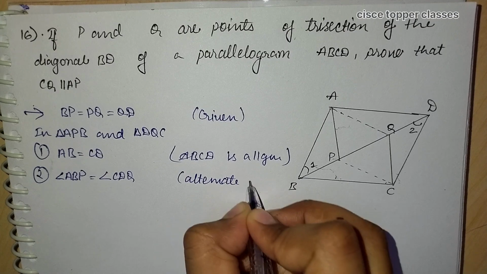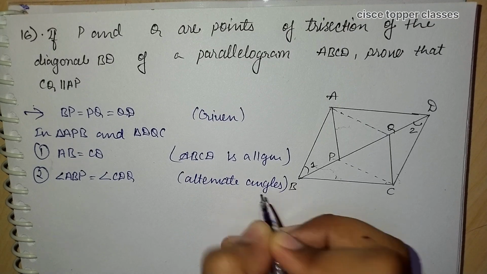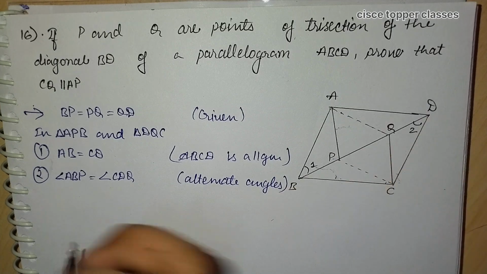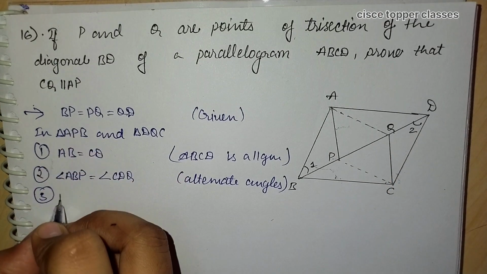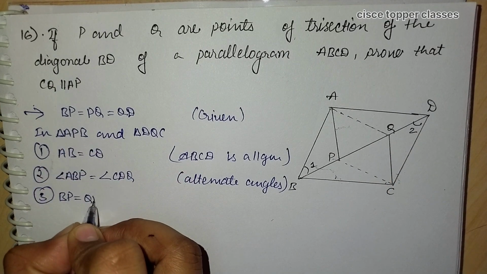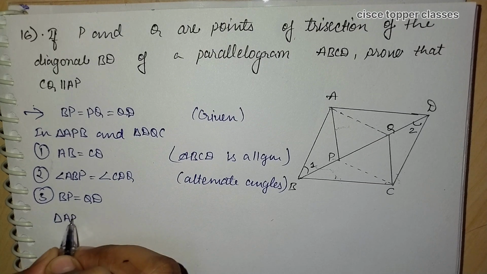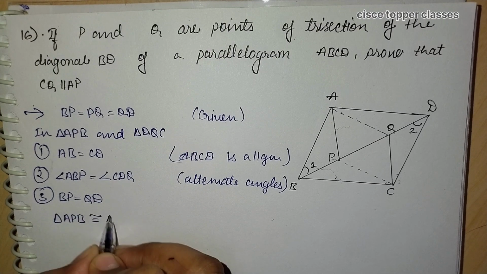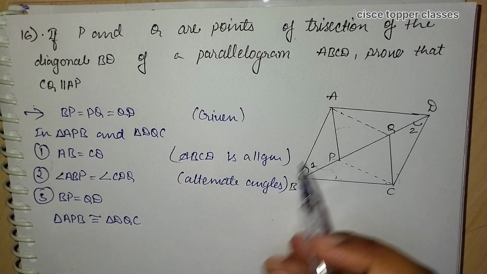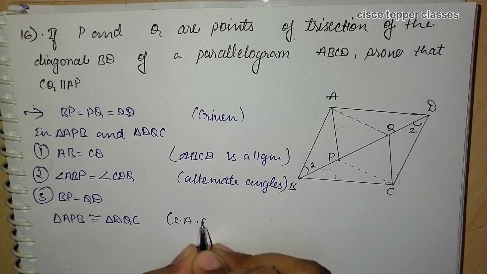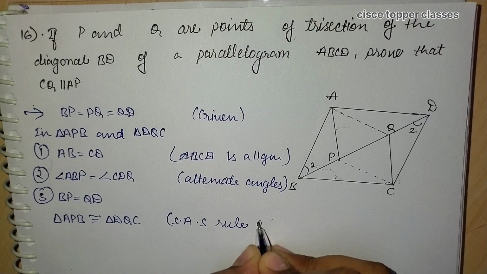Again BP is equal to QD because this is given to us. From there we can prove that triangle APB is congruent to triangle DQC by the side angle side rule of congruency.